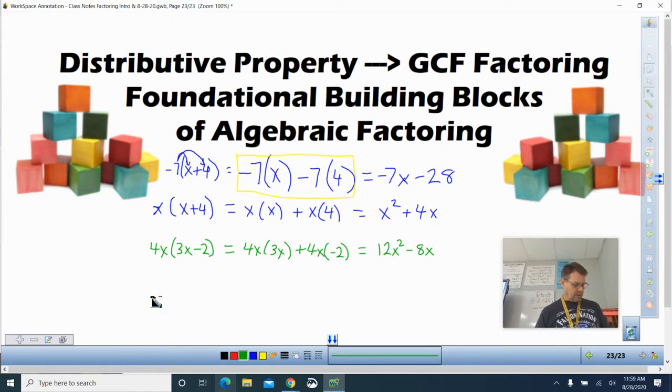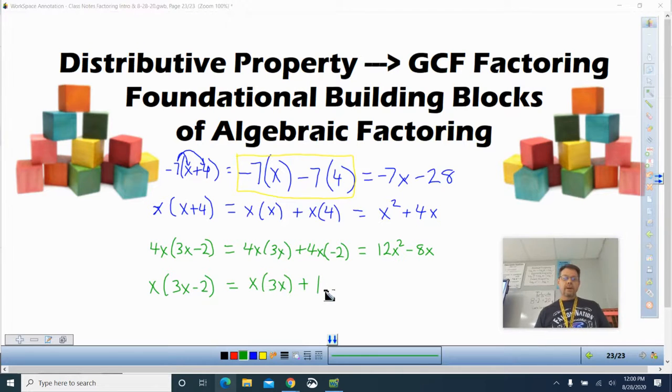Let's try one more here. We've got x times 3x, and then x times negative 2, which gives us 3x squared minus 2x.